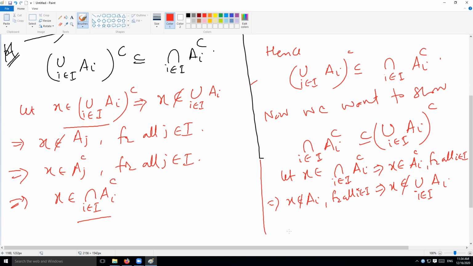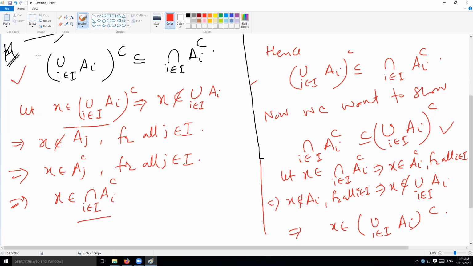And if it is not in the union, where is it? It must be in the complement of the union of I belongs to I AI. Okay, this is what you should show. And this shows that this guy is a subset of this, and this shows that this generalized De Morgan law is true.